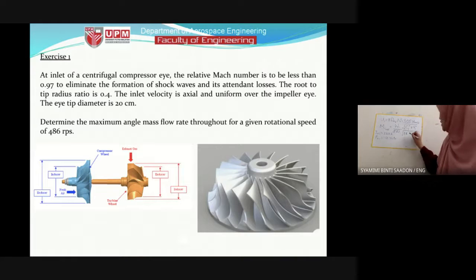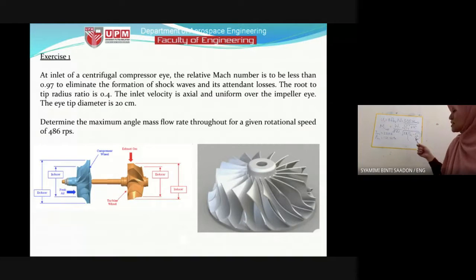So T1 will be T total 1 minus the absolute velocity term over Cp. Remember this is static plus dynamic, so the total minus the dynamic temperature.